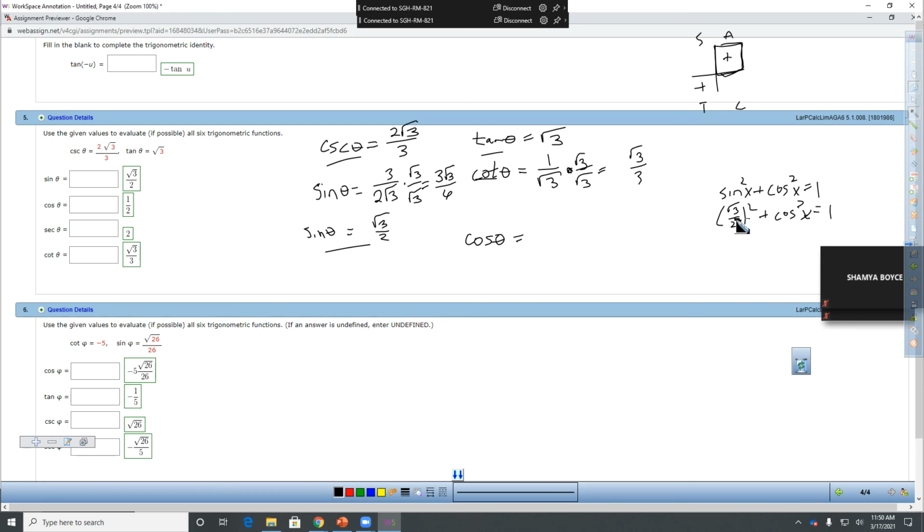That's going to be 3/4 plus cosine squared of x equals 1. I subtract 3/4 and I get cosine squared of x is equal to 1/4. I take the square root of both sides and I get cosine of x is equal to 1/2, which means the secant is the inverse of that. 1 over 1/2 is 2.